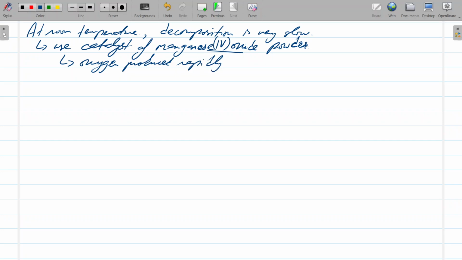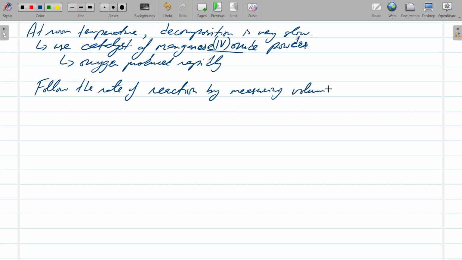And so you can measure the effect of adding a catalyst by measuring the volume of oxygen gas produced over time. So you can follow the rate of reaction by measuring the volume of O2 produced.